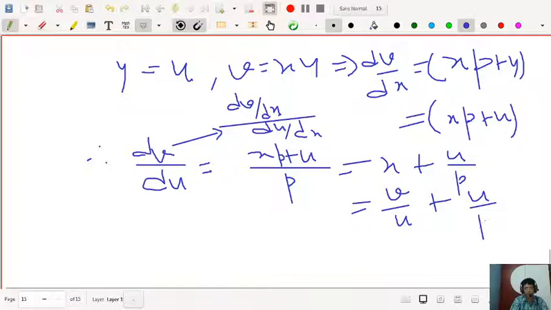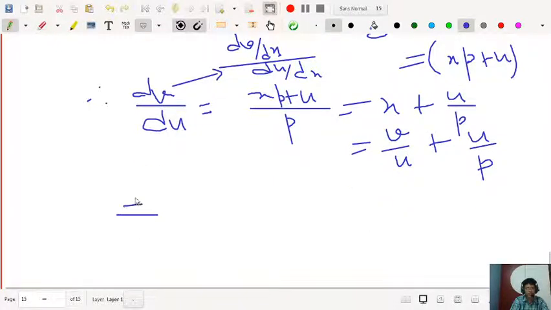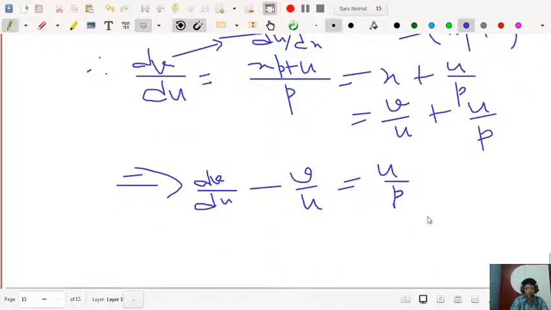Look at the transformation. So dv/du is q. You can write dv/du as q, or dv/du minus v by u equal to u by p, right?